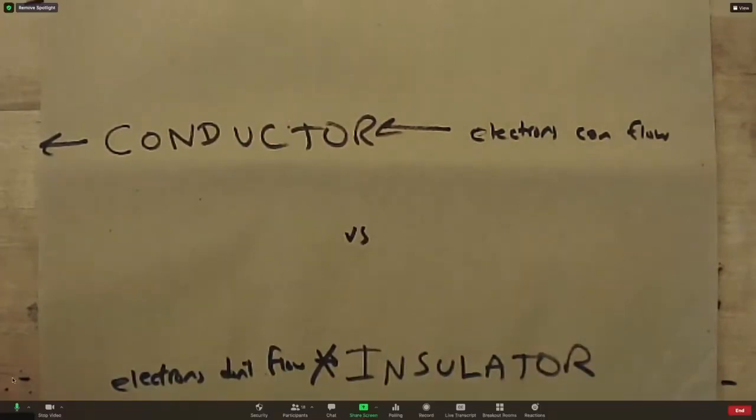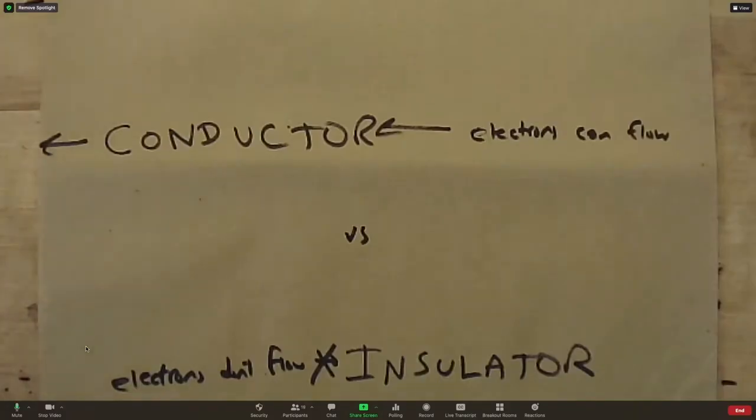And so it's not a binary situation. These are a spectrum. There is everything in between something which is a theoretical perfect insulator and a perfect conductor. And the difference between these is how much they resist the flow of electricity.